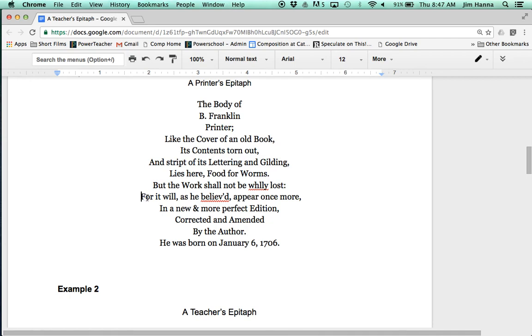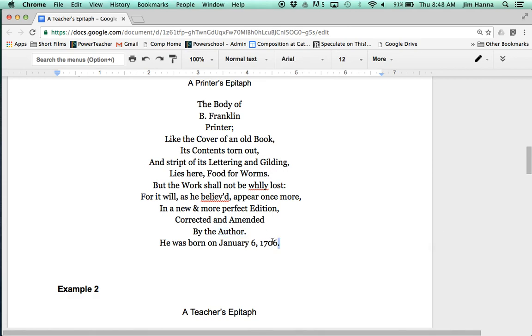Because what he's saying here is that his body will appear once more in a new and more perfect edition, in the same way that, in the Christian belief, we will die and be resurrected, or appear in heaven, restored to a more perfect form, the way that God intended. Okay, so that is in a nutshell the printer's epitaph.